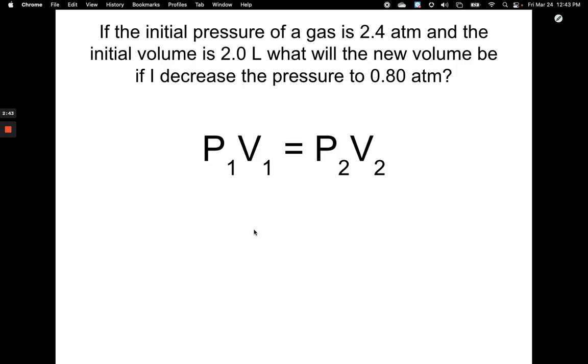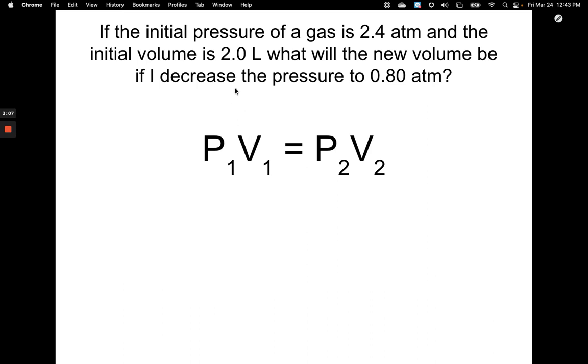So here is a problem to solve with Boyle's law. If the initial pressure of a gas is 2.4 atmospheres and the initial volume is 2 liters, what will the new volume be if I decrease the pressure to 0.8 atmospheres? Now again, here is your equation, and I've given you 3 of the 4 variables. Do analyze this for a minute. We have atmospheres here and volume here.